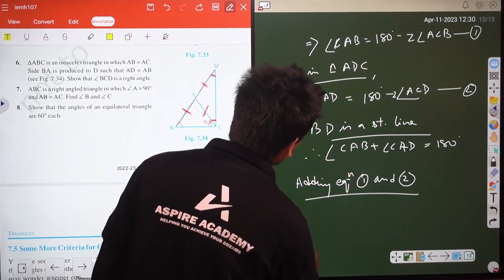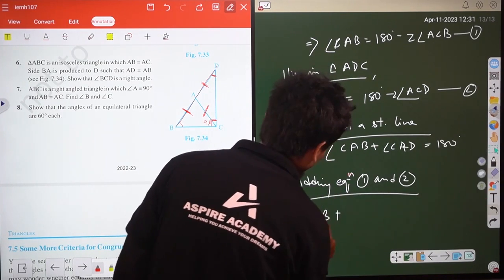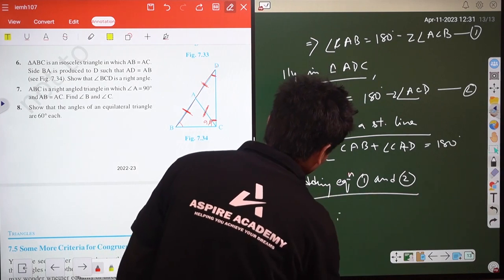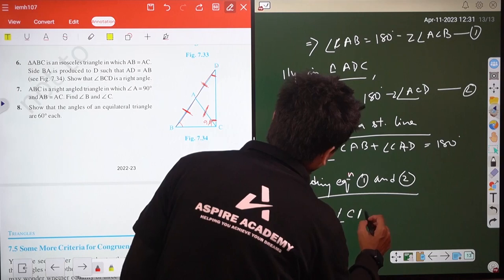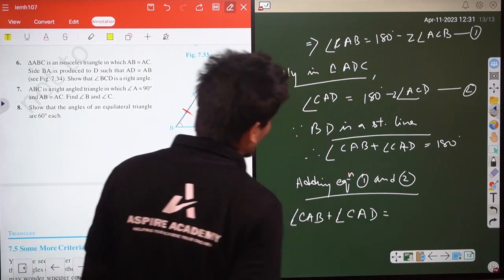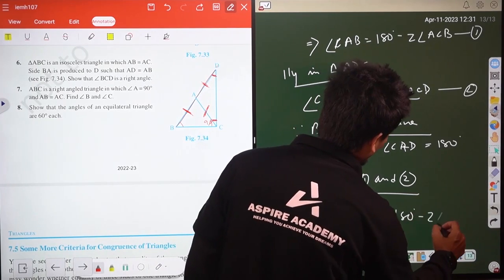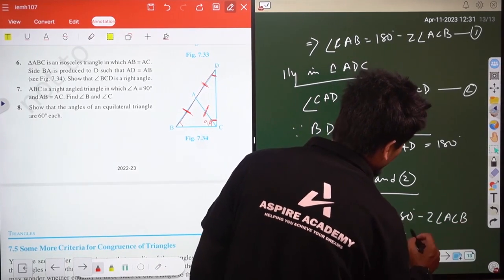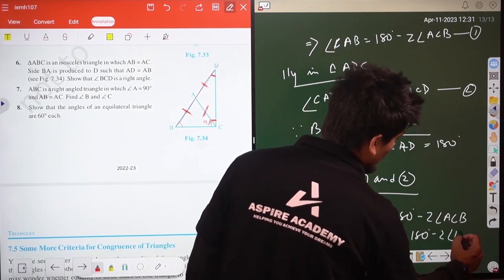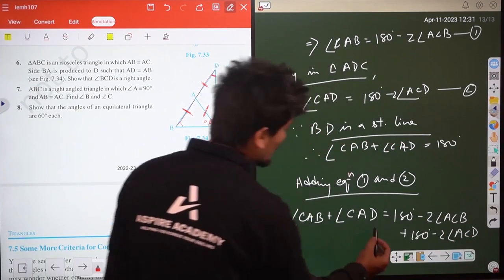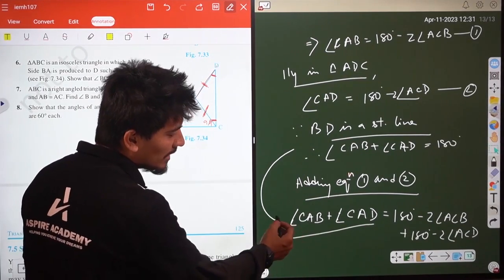What we will get? Angle CAB plus angle CAD is equal to 180 degrees minus twice of angle ACB plus 180 degrees minus twice of angle ACD, right? So already we have found that angle CAB plus angle CAD is equal to 180 degrees.